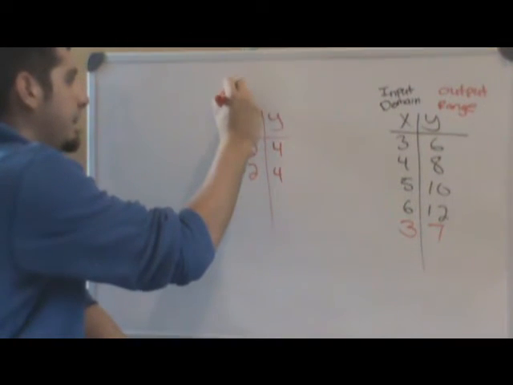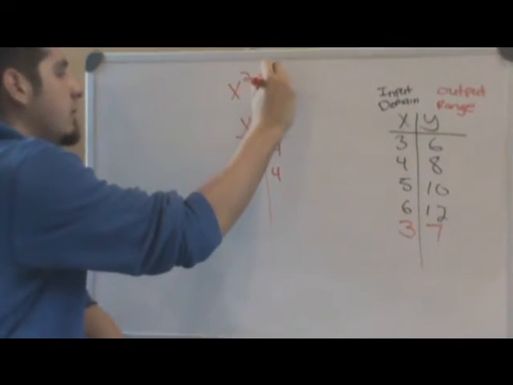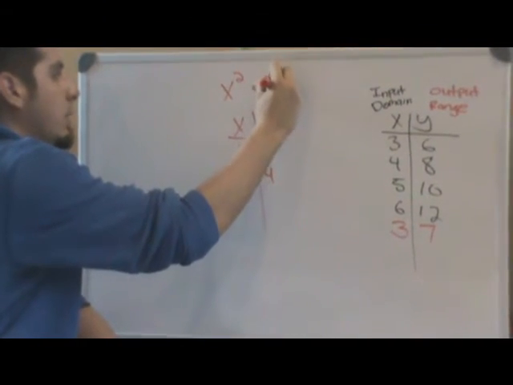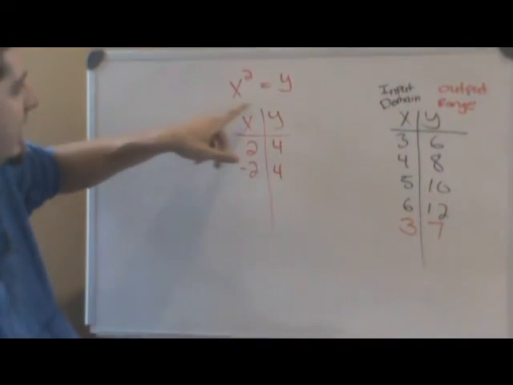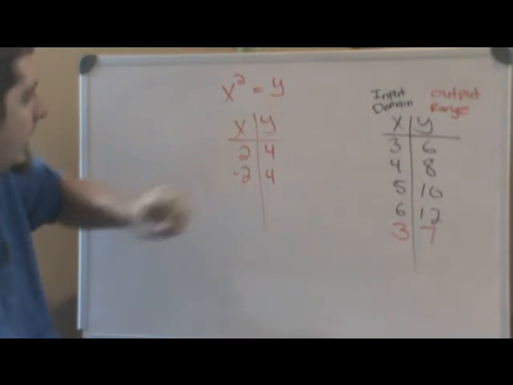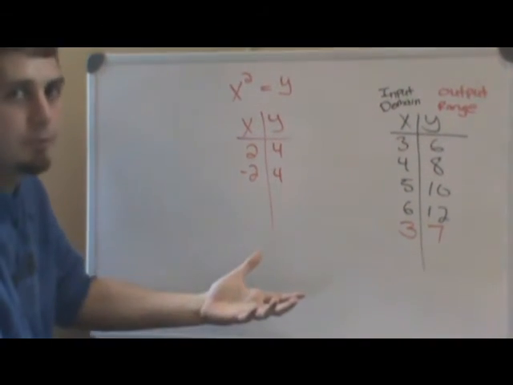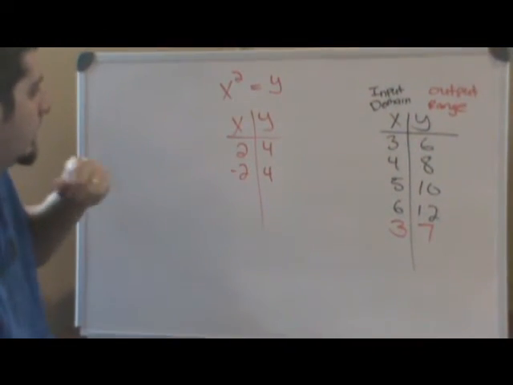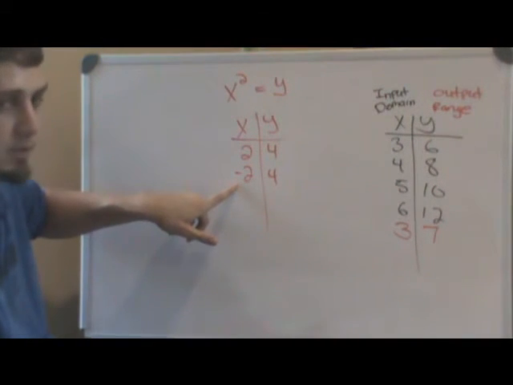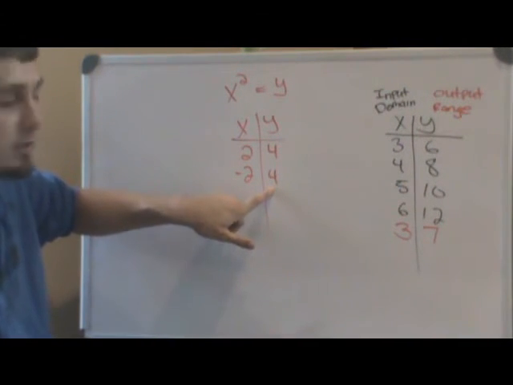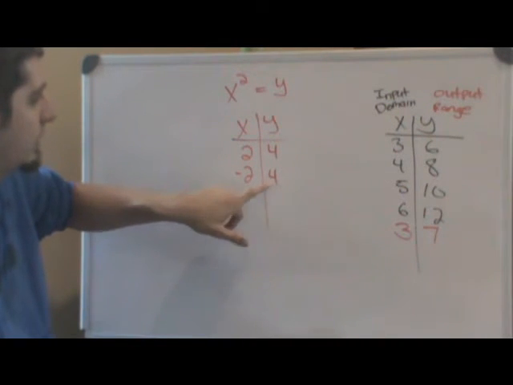For example, if my pattern or my relationship was that x squared equals y, so in other words, x times itself equals y, well, 2 times itself is 4, and -2 times itself is also 4, because negative times a negative gets you a positive.